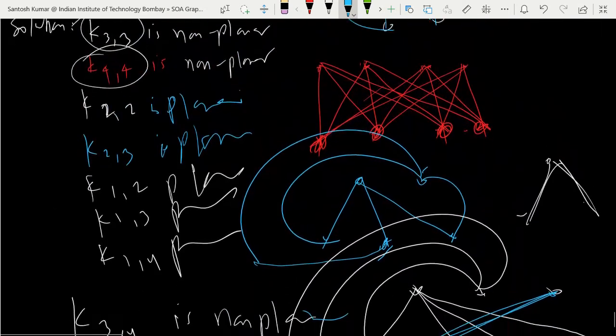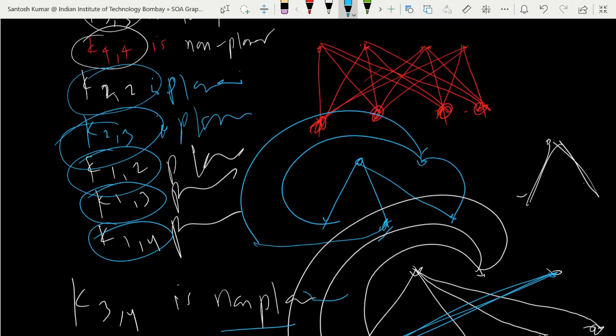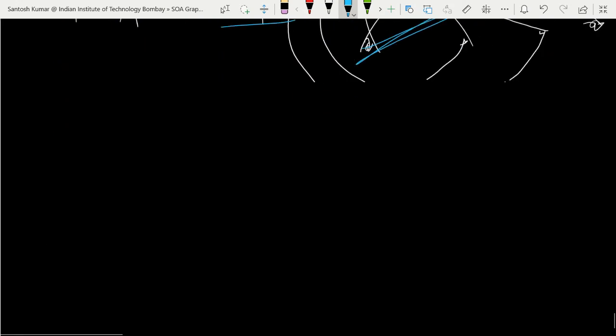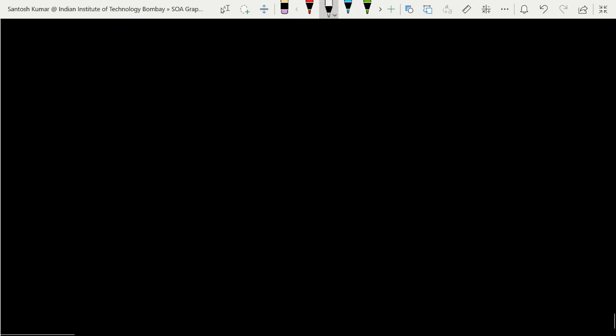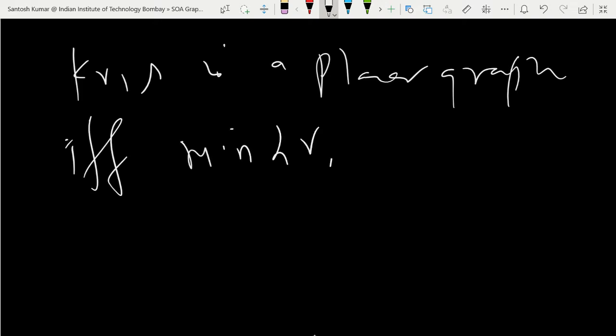You can notice a few things. K22 is planar, K23 is planar, K12, K13, K14 are planar. But K33 is not planar, K44 is not planar, K34 is not planar. So one thing you will be convinced of by this result is that K_RS is a planar graph if and only if the minimum of R, S, whichever is the minimum, is less than or equal to 2. One will be less, the other larger, or both may be equal, no problem.